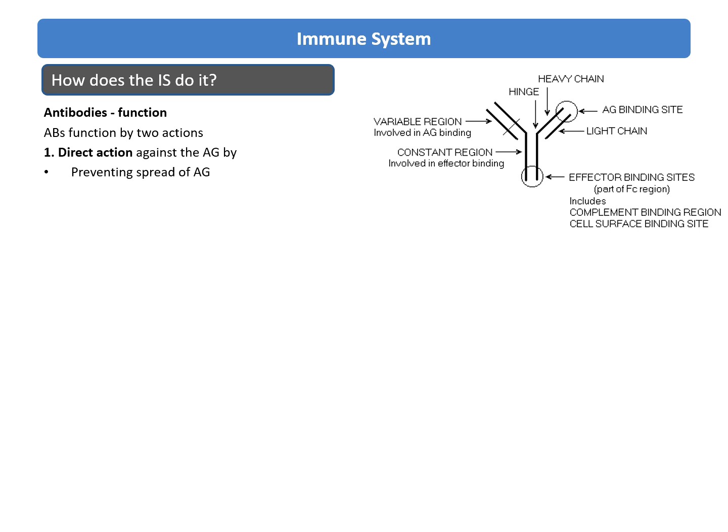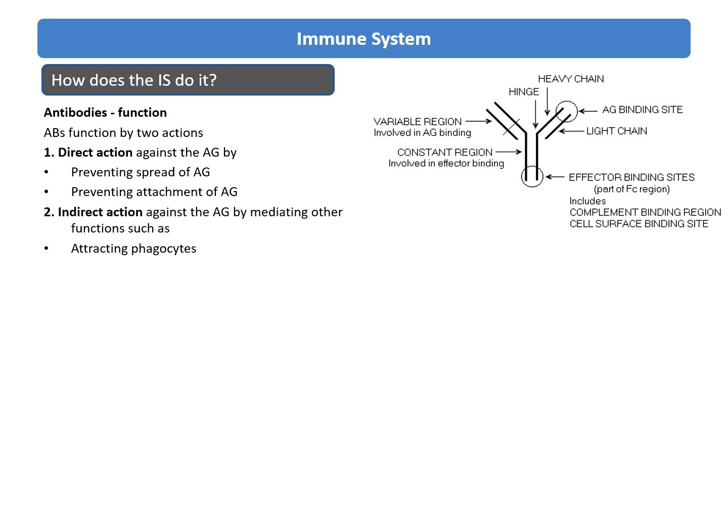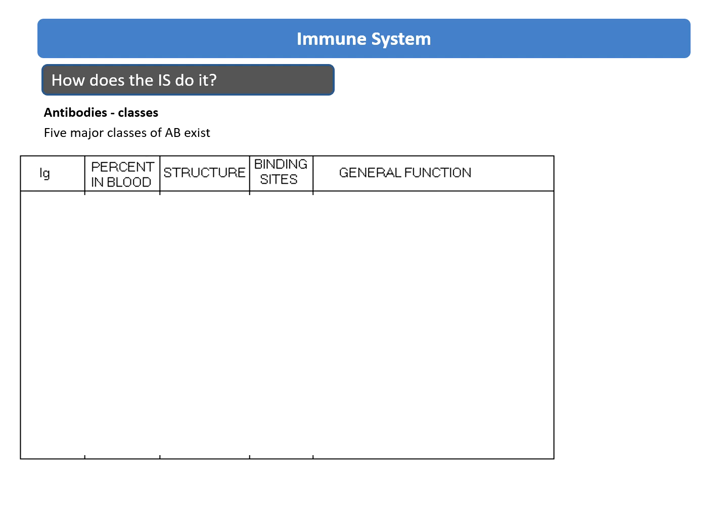They do this to prevent spread of antigens, to prevent attachments of antigens, but more importantly, they function in an indirect way against antigens by mediating other functions such as attracting phagocytes, releasing phagocytosis, activating or fixing complement, promoting inflammation.